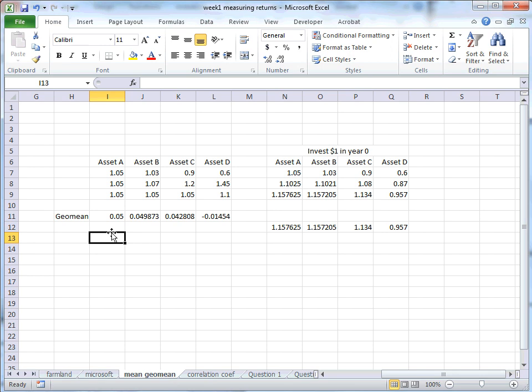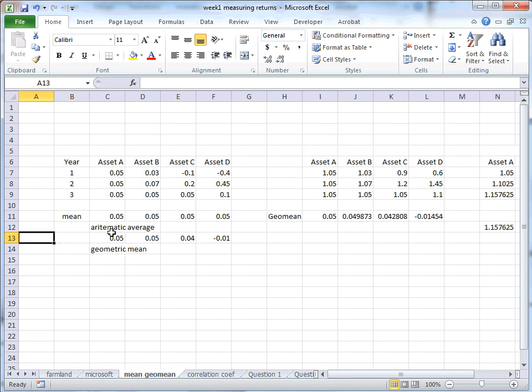Alright, let's give an example of the mean and geometric mean in this sheet. Go to the mean geometric sheet in the Excel worksheet that I handed out. I'm going to show returns for 3 years for 4 assets. Asset A, Asset B, Asset C, Asset D. Asset A has a 5% return in year 1, year 2, and year 3.